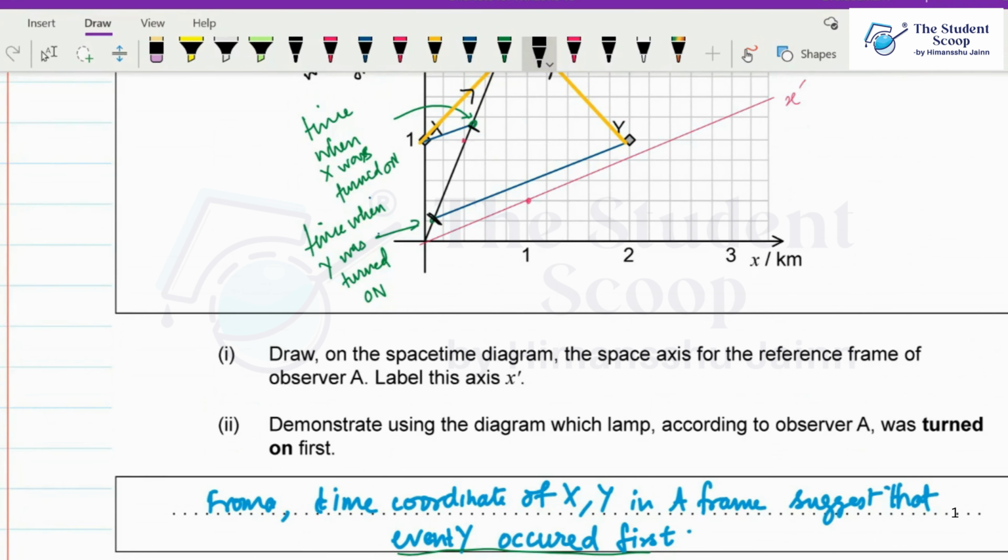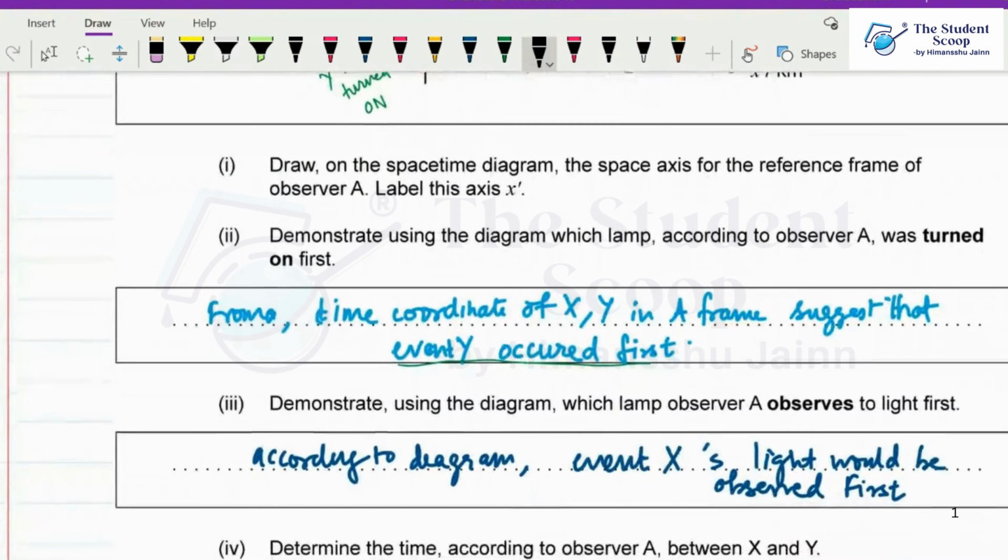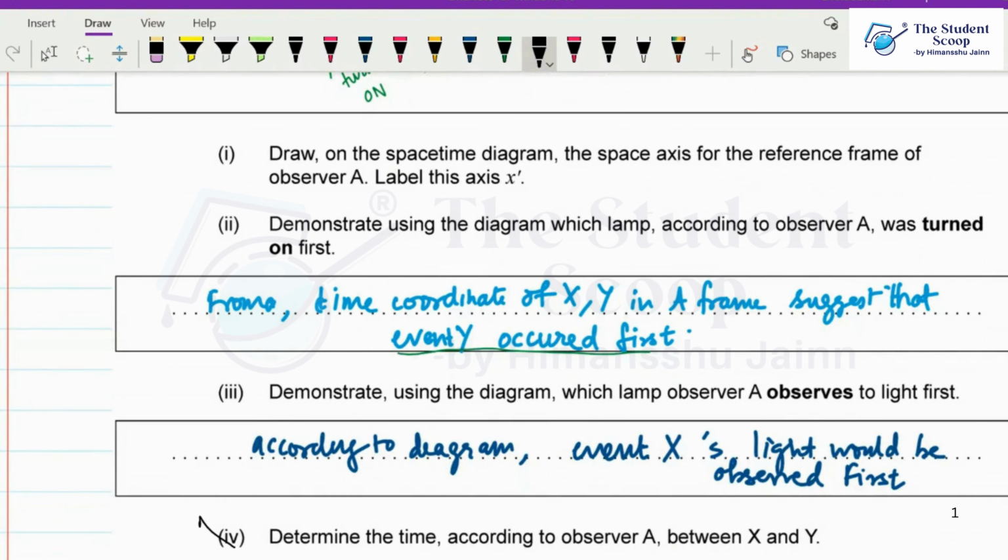But what we know is delta t is 0 for the S frame because they are simultaneous, and the distance between X and Y is 2 kilometers. Similarly, for the S dash frame, the distance is 1.09 kilometers that we calculated as delta x dash, and delta t dash is something that we are supposed to calculate.